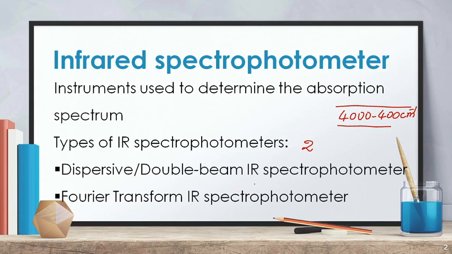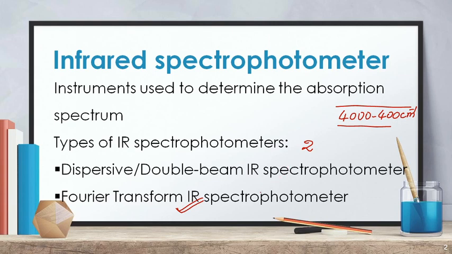Although the two techniques provide nearly identical spectra for a given compound, FTIR, that is the Fourier transform IR spectrophotometer, provides the IR region much more rapidly than the dispersive instrument.